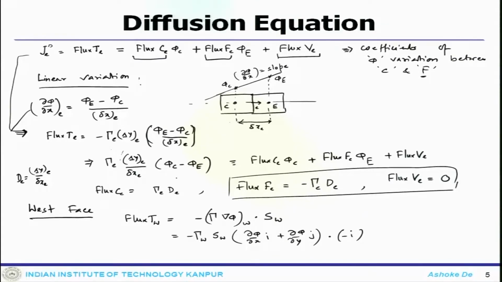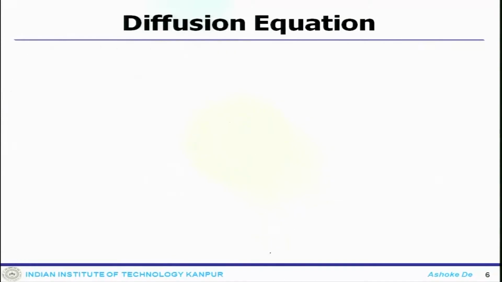So, if you do this, this would be gamma W S W by del phi by del x W, okay, and which can be again written that.